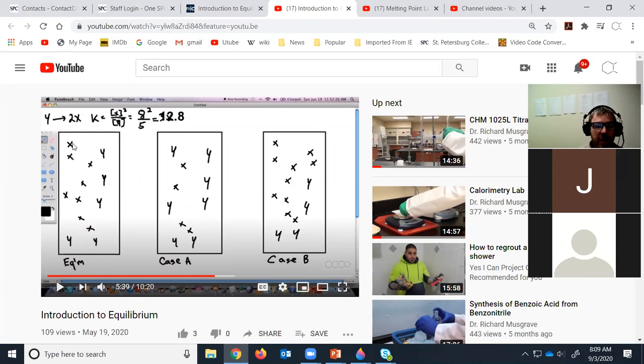By number of x's, I count them up: 1, 2, 3, 4, 5, 6, 7, 8. And the y's, there's 5 of them: 1, 2, 3, 4, 5. And since this is at equilibrium, because I'm telling you it is, we come up with a value, and this is going to be our K value, 12.8.